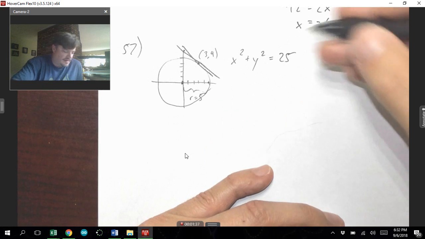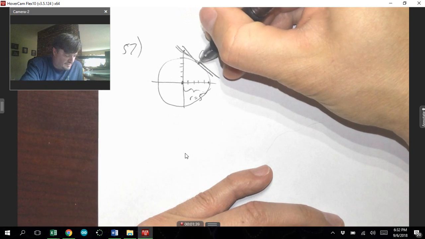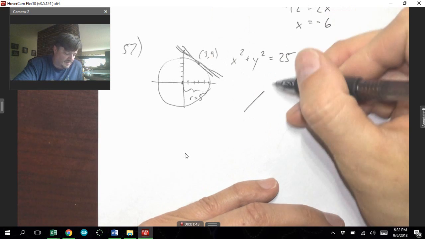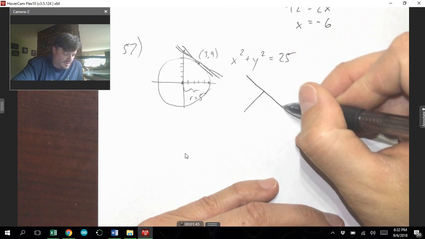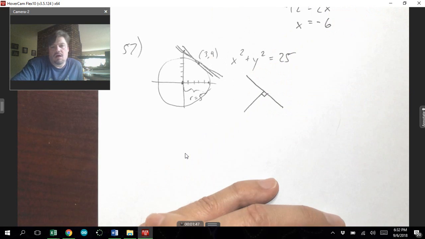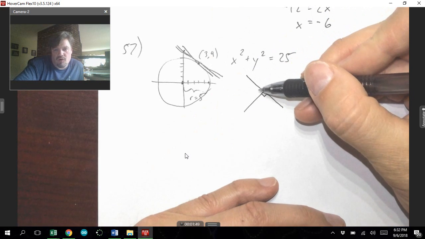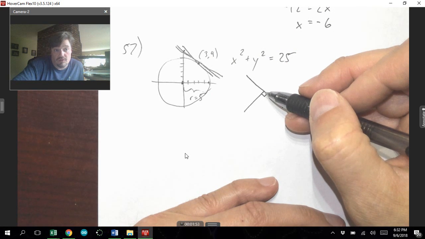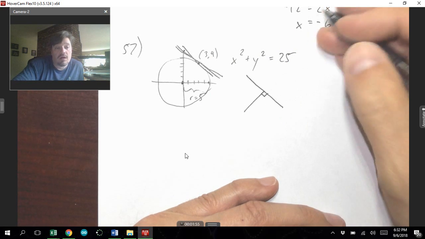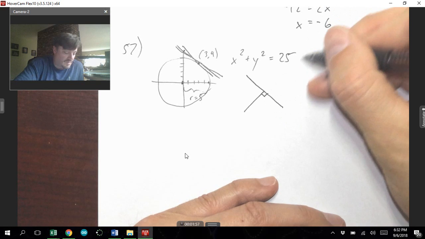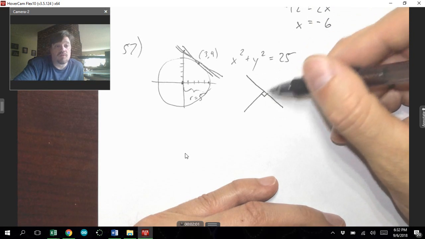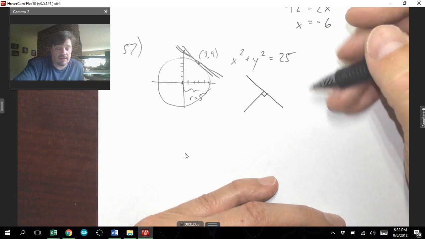So if we just scrape the surface here, this is the radius, and we are looking at a tangent line that is perpendicular to the actual radius of the circle. It's perpendicular, what we call normal lines. Lines are normal to each other when they are 90 degrees.